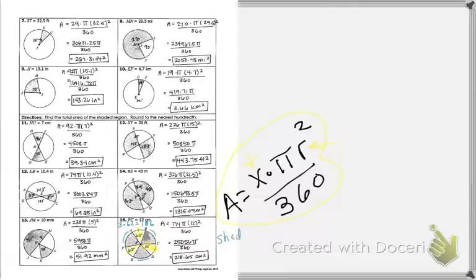So shaded would equal 360 minus 186, which ends up being 174. They give you the radius right there.